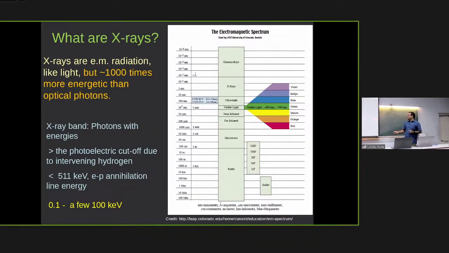So roughly speaking, this is the band, but there is no strict limit. When we say, as I said, it's from a fraction of a kilo electron volt all the way to 700 kilo electron volts, that's the typical X-ray band.